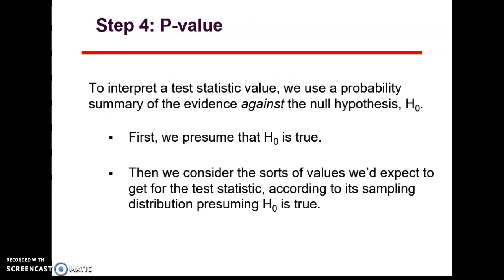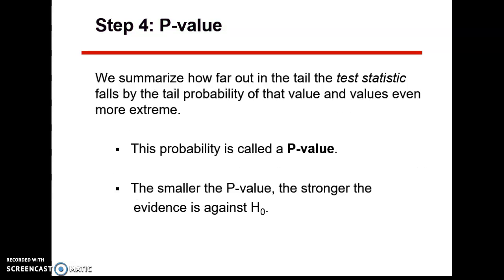So, the first thing is we do some summary of evidence against the null hypothesis. We assume that the null hypothesis is true, and then we consider what sort of values we get for the test statistic, presuming the null hypothesis is true. For the test statistic, we say how far out in the tail.